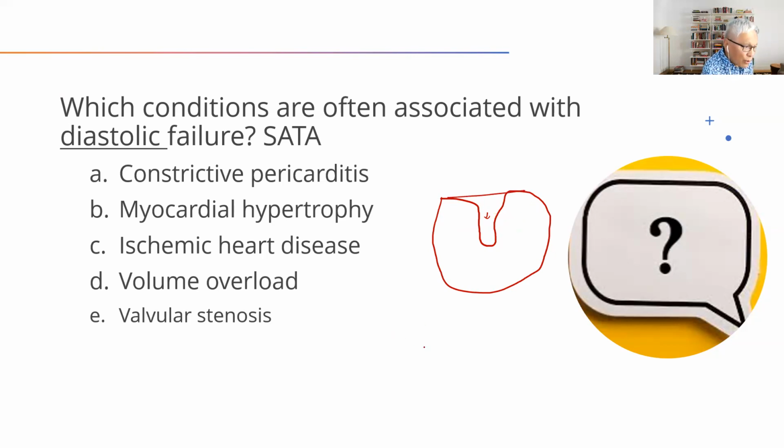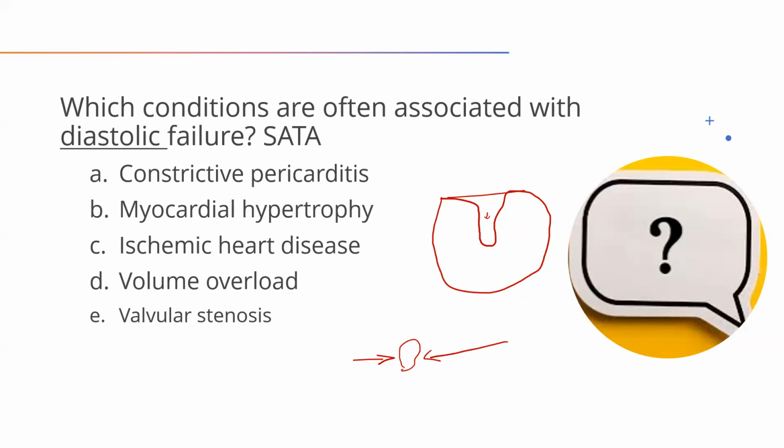Now, you could also have a normal heart, but if you constrict it with pericarditis, that is the inflammation of the pericardium, you're going to constrict the heart. Thus, the chambers, when they are constricted, are they going to accommodate more or less? They're going to accommodate less.